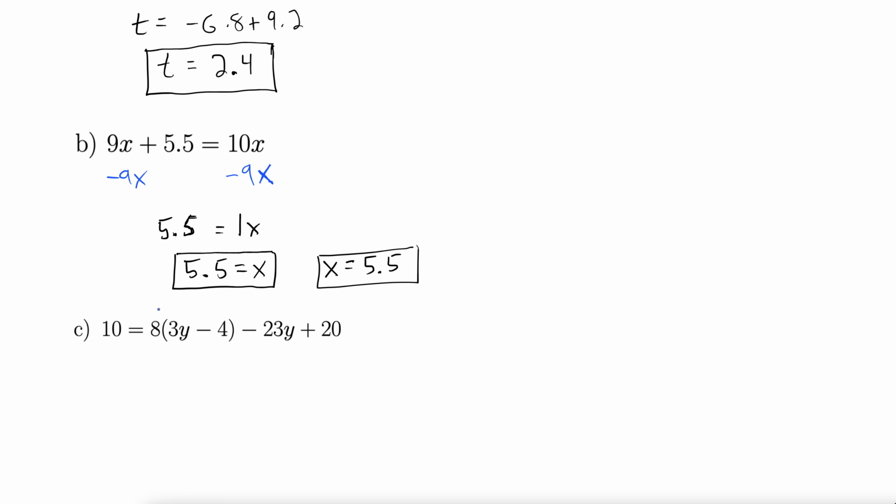Remember we have our distributive property, so this 8 is going to go through first to both of these. Let's take care of that first and see where we go from there. So 10 equals 8 times 3, 24y, 8 times 4, minus 32, minus 23y plus 20.